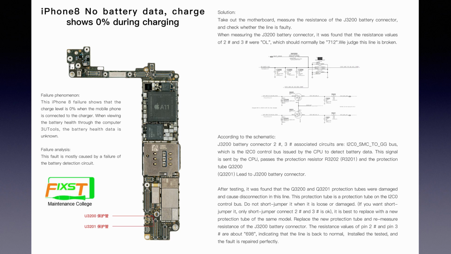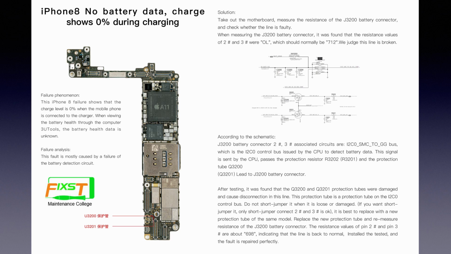So according to the schematic, we can see the battery connector pin 3 and pin 2, these 2 lines. And these 2 lines are the I2C bus, which is the I2C control bus issued by the CPU to detect the battery data. The signal is sent by the CPU through the resistors R3202 and R3201, and the protection tubes Q3200 and Q3201.